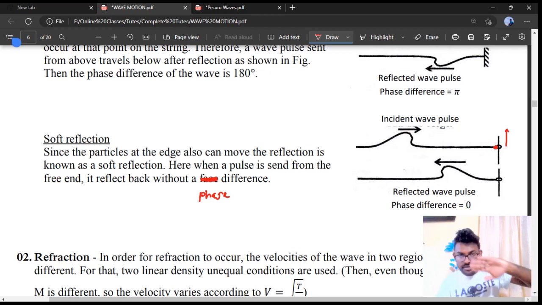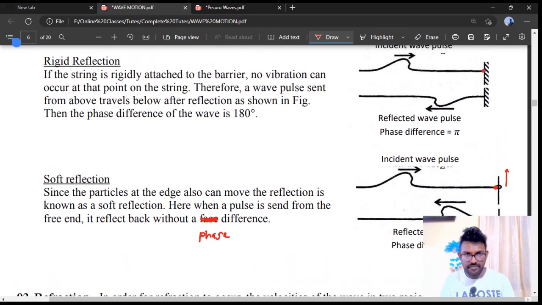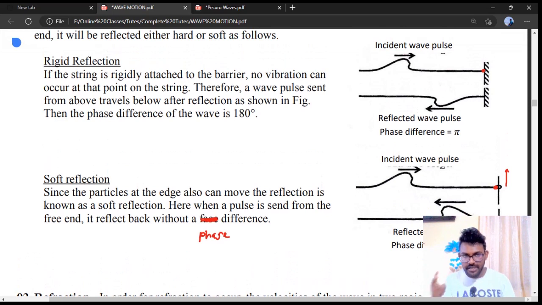It's not turning down, it just goes forward and comes back. That is called the reflection. So reflection we can demonstrate in two ways, the rigid reflection and the soft reflection. Where you have a rigid point, it's connected rigidly, so it will be a rigid reflection and you see a phase difference. And this is a soft reflection where we have a soft connection.